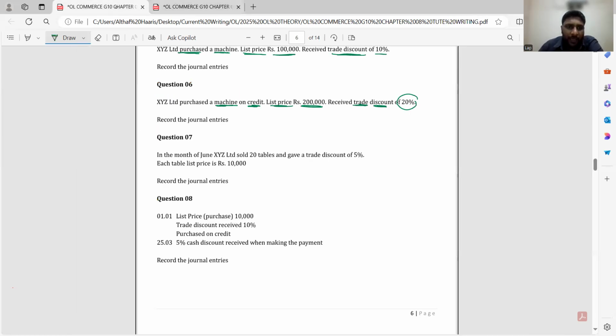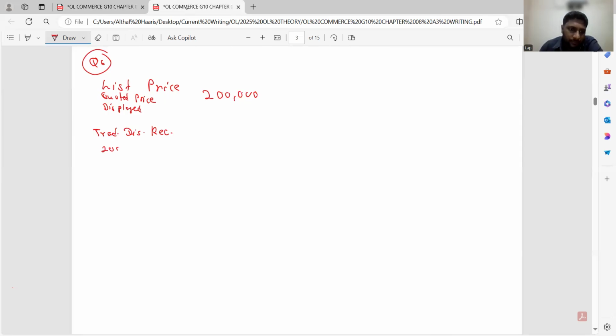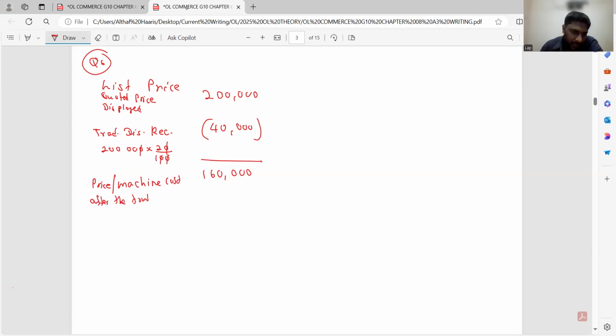Trade discount 20%, that means 40,000. 160,000 is the price or machine cost after the trade discount. Now look at this carefully.